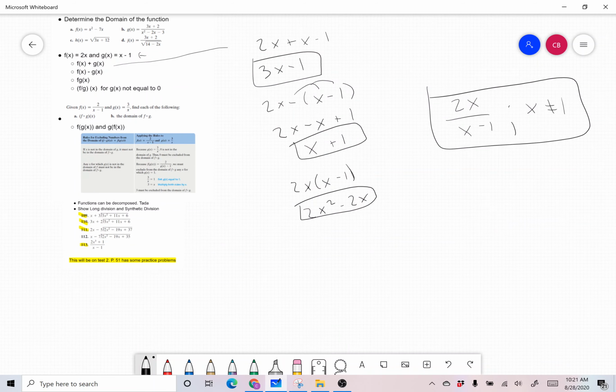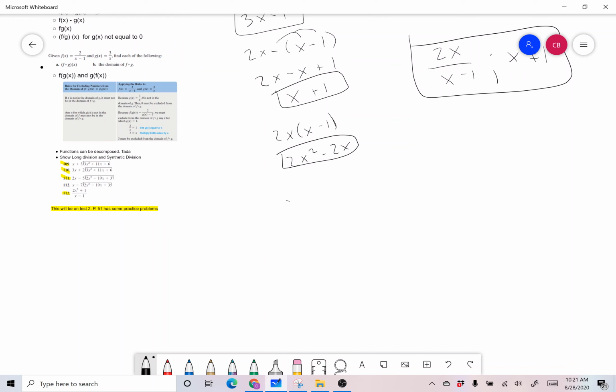But now we're going to get into composition. So f compose g of x. You're going to take x in. So how this works, we have f of g of x. In f, wherever you see x, you're going to plug g into that x.